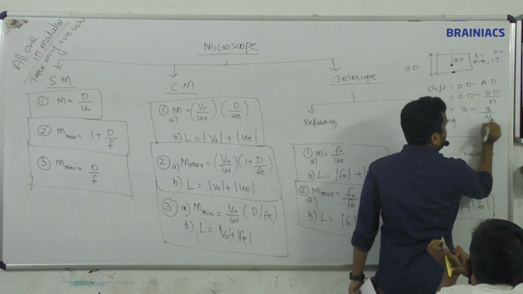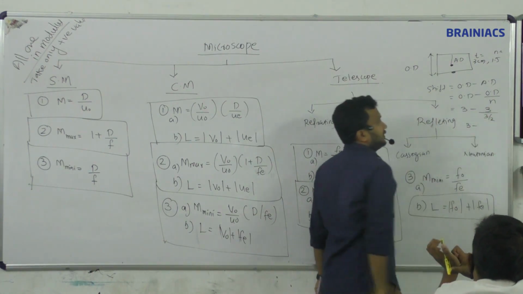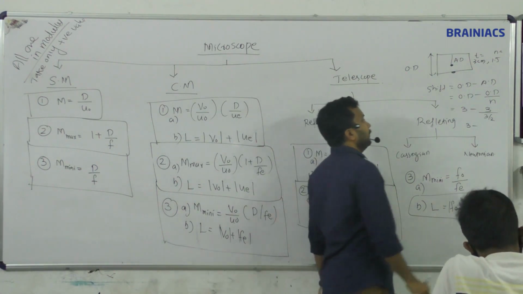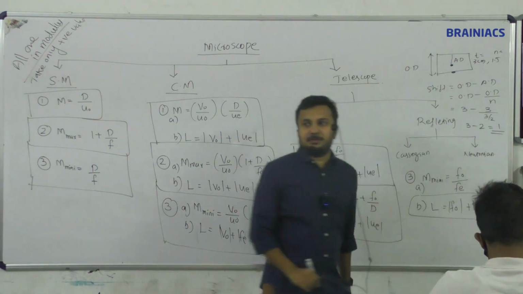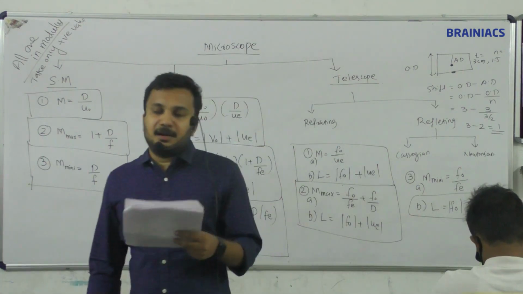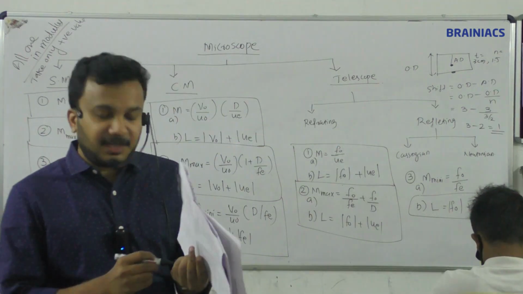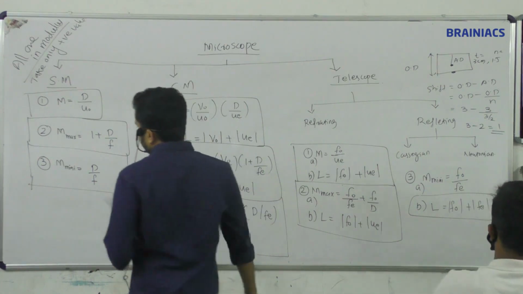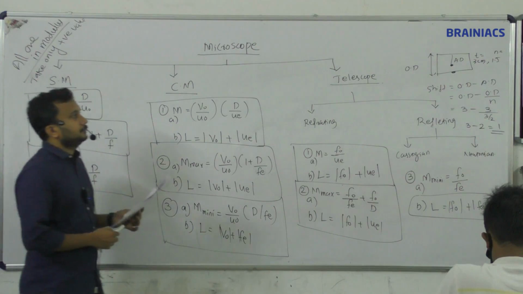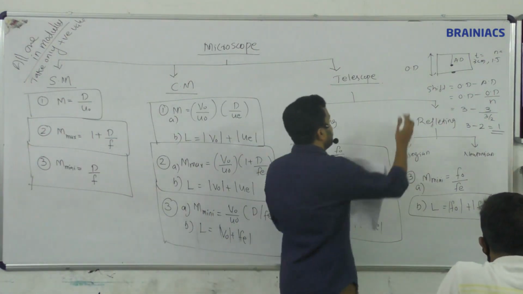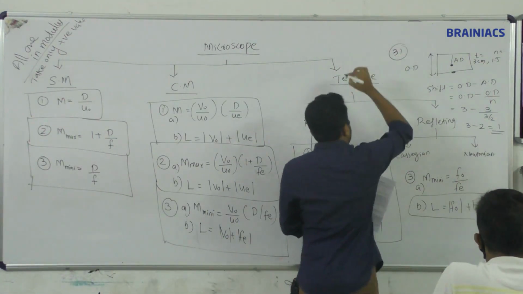That means 3 by 1.5, which is 2. So 3 minus 2 means 1. You will get plus 1. Definitely you will get plus 1. 1 cm upward. That is the shift being asked, nothing else. This is the answer to question number 31.